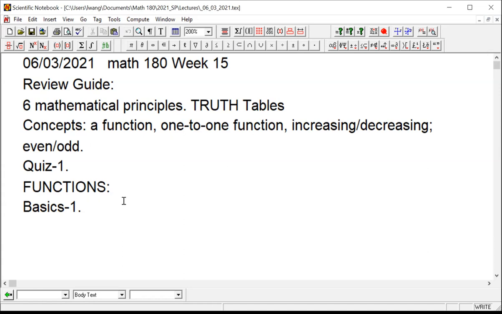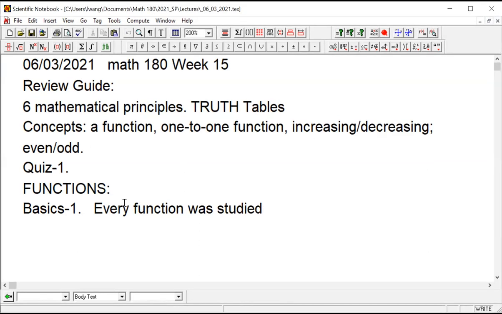We studied every function: domain, range, examined intercepts, graph.